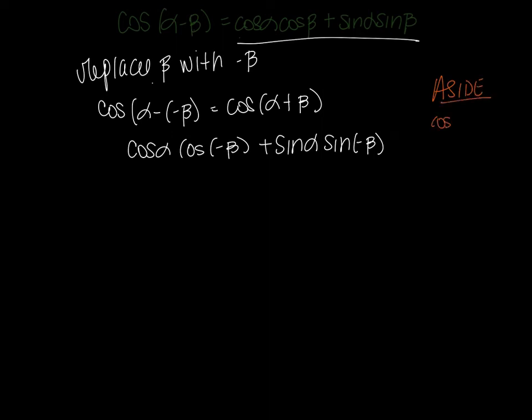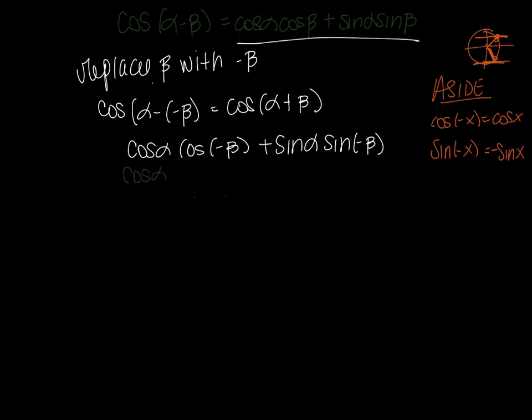Remember that the cosine of negative x is the same as the cosine of x because we have that symmetry on the unit circle with regards to the x-axis here and here. But when we talk about the sine of negative x, we don't have that same symmetry because we're talking about here and here, and we actually get the opposite of sine x. So let's fill that back in up here.